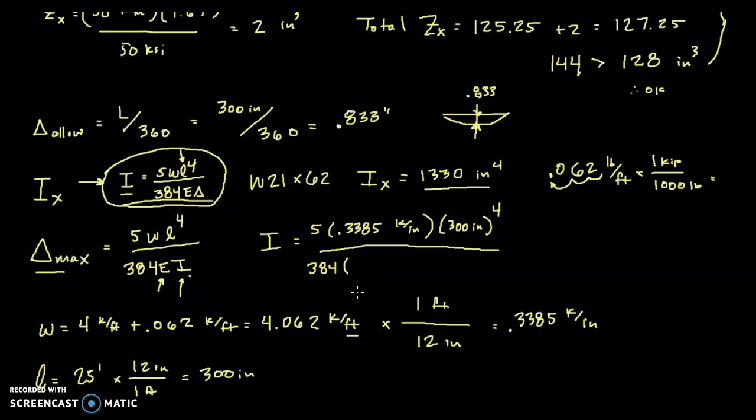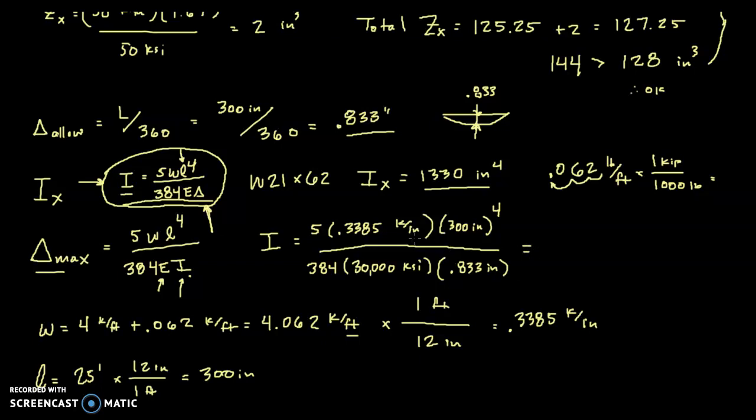We're talking about a steel beam here. All steel, according to the appendix in our textbook, has a modulus of elasticity of 30,000 KSI. And our delta value that we do not want to exceed, our maximum delta, is 0.833. So we can't go any bigger than 0.833 inches. So this will now tell us how much moment of inertia we need so that that doesn't happen.